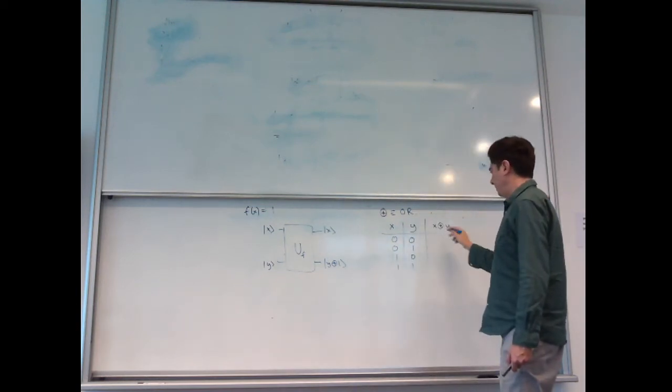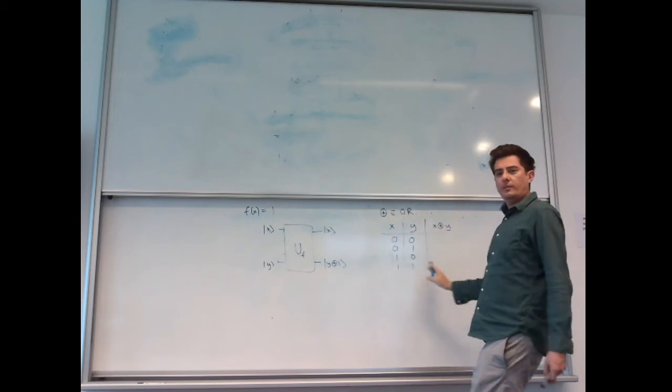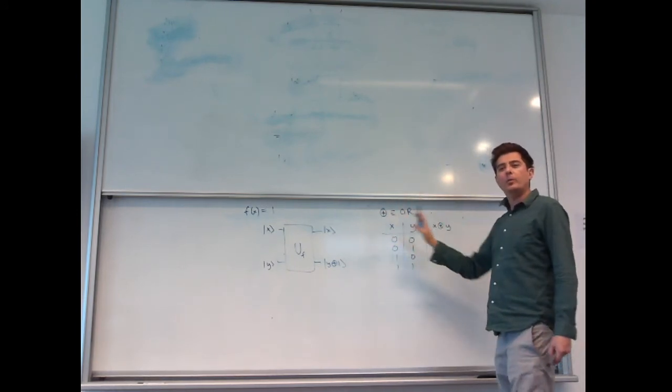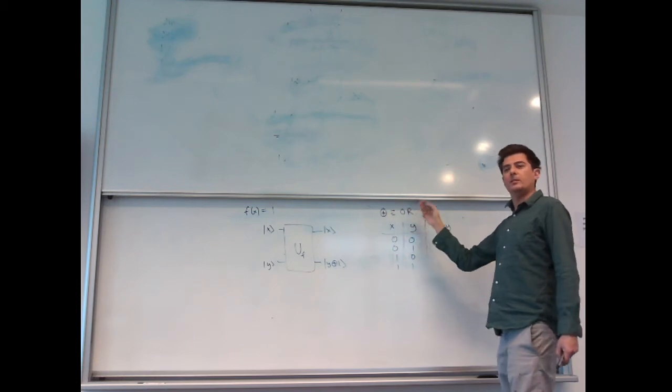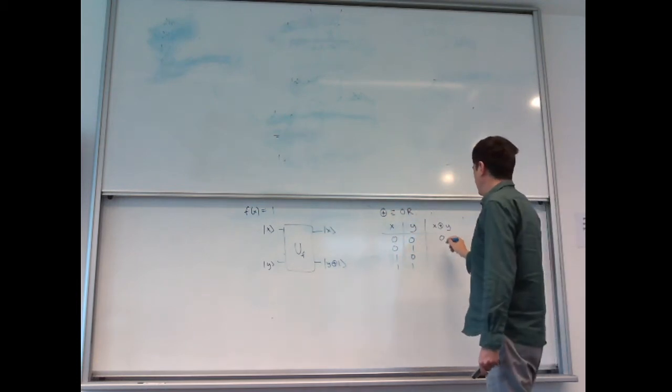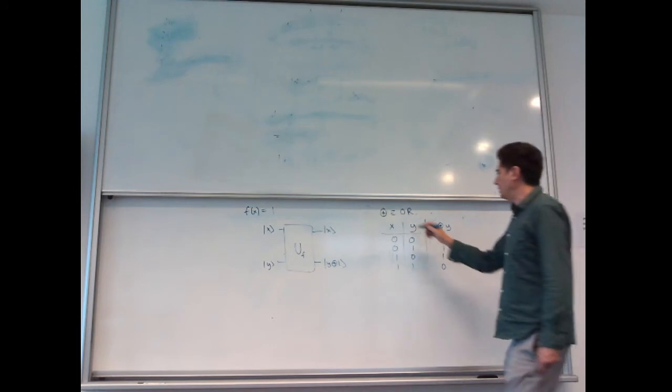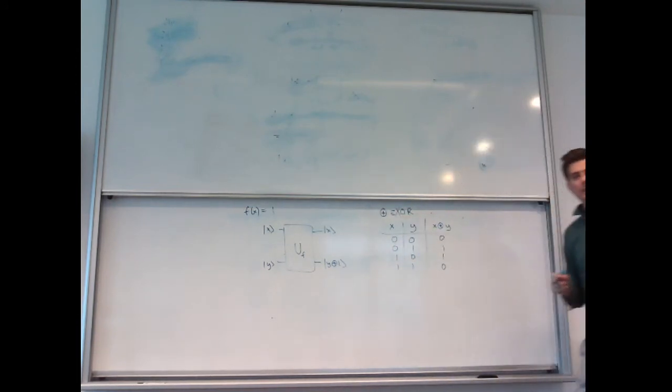This is not even quantum. I'm just defining what this operation means. It's a binary operation, and it's defined like this. And it's actually the same rule as OR. Oh, sorry, I think it's XOR. XOR is exclusive OR.